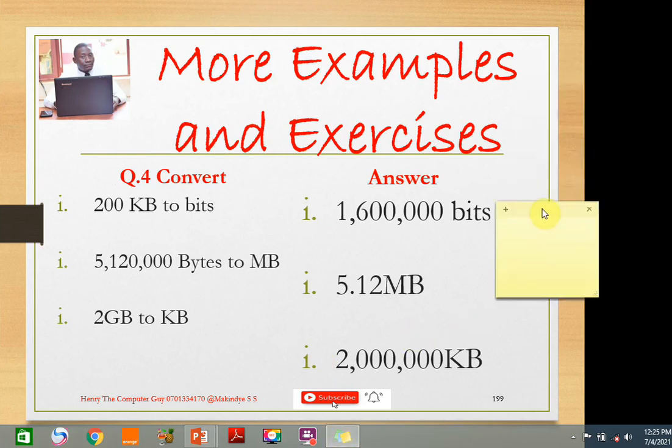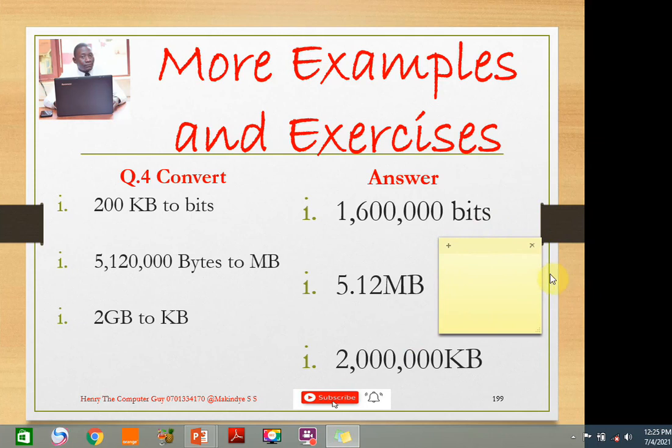Let's make some calculation. We know that 1 KB equals 1,000 bytes. Are we together?